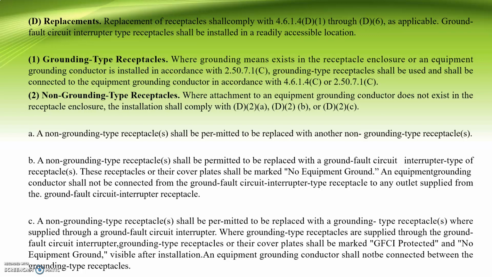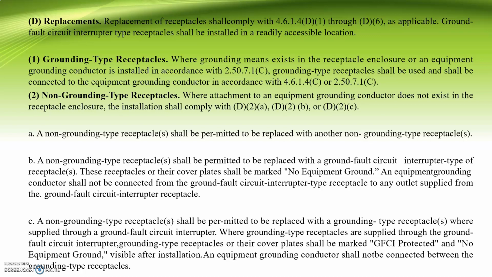These receptacles or their cover plates shall be marked no equipment ground. An equipment grounding conductor shall not be connected from the ground fault circuit interrupter type receptacle to any outlet supplied from the ground fault circuit interrupter receptacle.